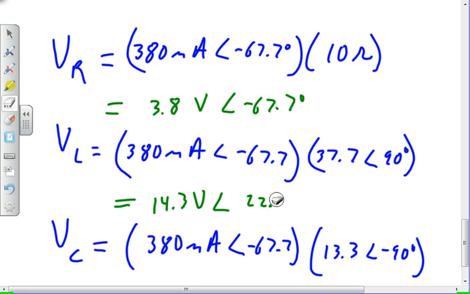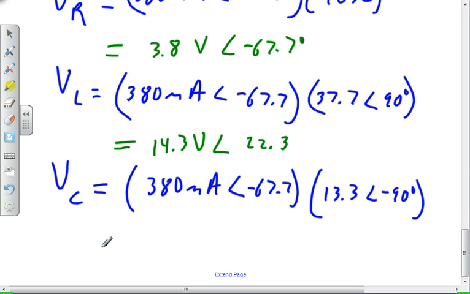Oh, we have days like that, don't we? And voltage across the capacitor, 5.1 volts, angle minus 157.7. So I'm adding the angles together because I'm multiplying, and I'm multiplying the magnitudes together because I'm multiplying. Okay, and a show of hands, how many think I'm right?